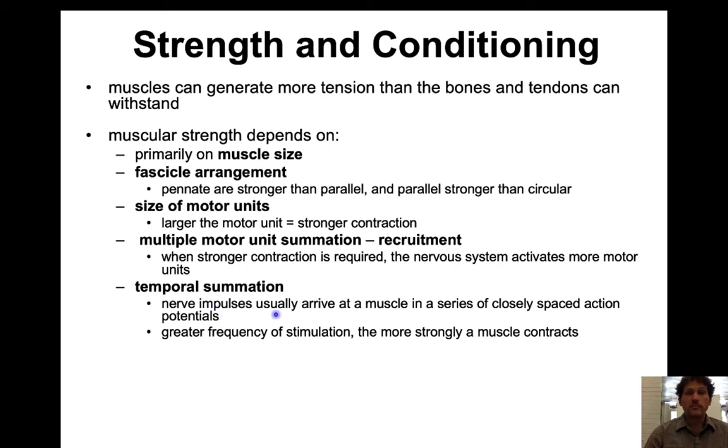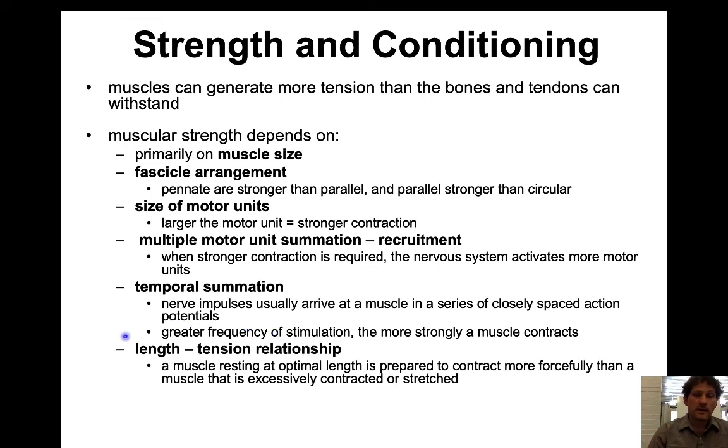As our nerve impulses are coming in, remember we talked about different frequencies, and if we have a high frequency, 40 to 50 stimuli per second, we get into that complete tetanus state. The higher the frequency of stimulation, the more strongly that muscle is going to contract. And then we mentioned the length-tension relationship.